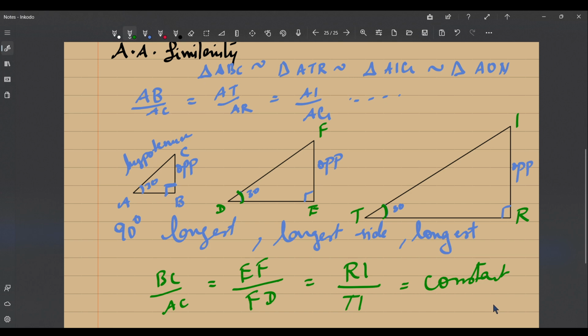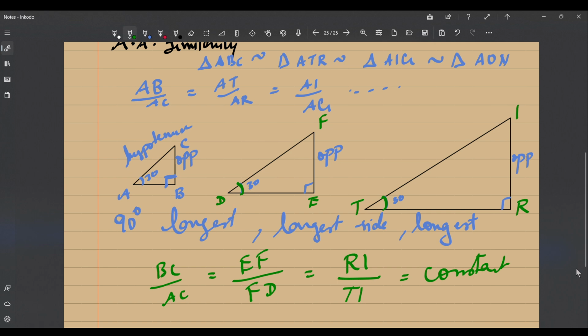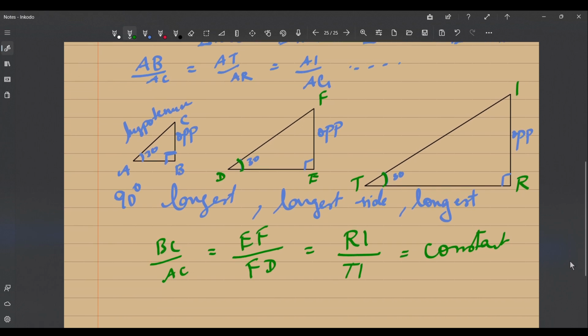So whatever triangle you consider, however big you can imagine, you can visualize, and of course triangles are visualized everywhere. Even I gave you some examples in my previous video. So however big the triangle is, the opposite by hypotenuse would be a constant. And so the mathematicians decided to give a name to this constant.